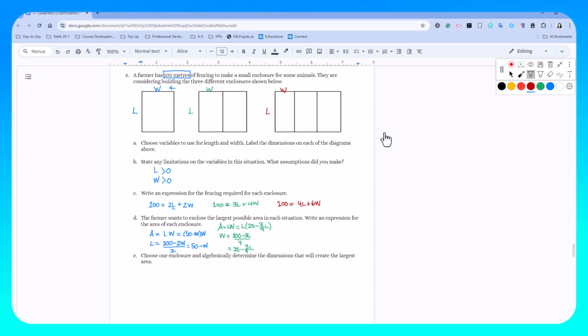And for the last one, and area equals length times width, let's solve for the L again.